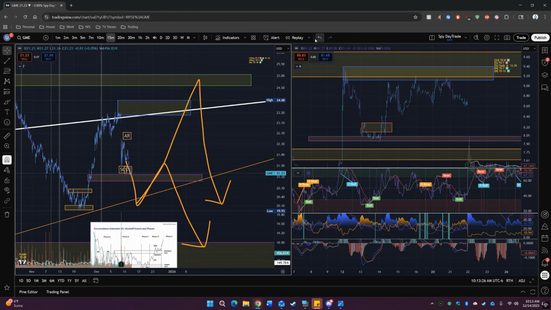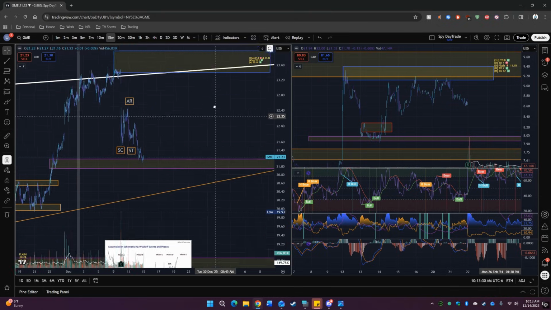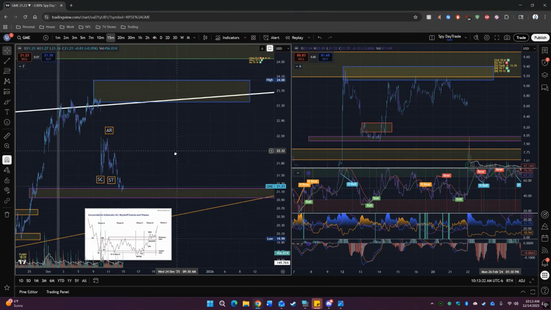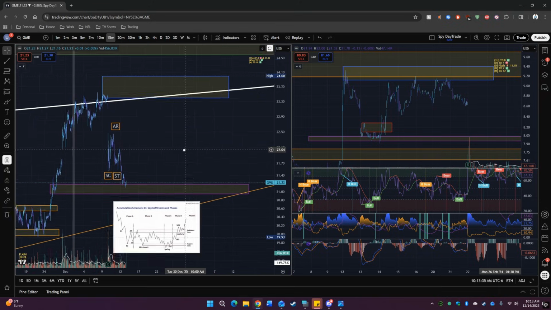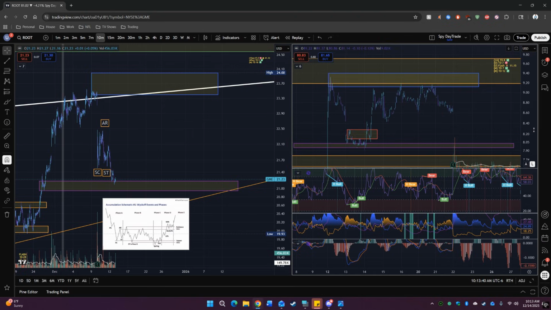And so in the next coming days, all that I'm really caring about is the two boxes, the top supply box and this bottom demand box.